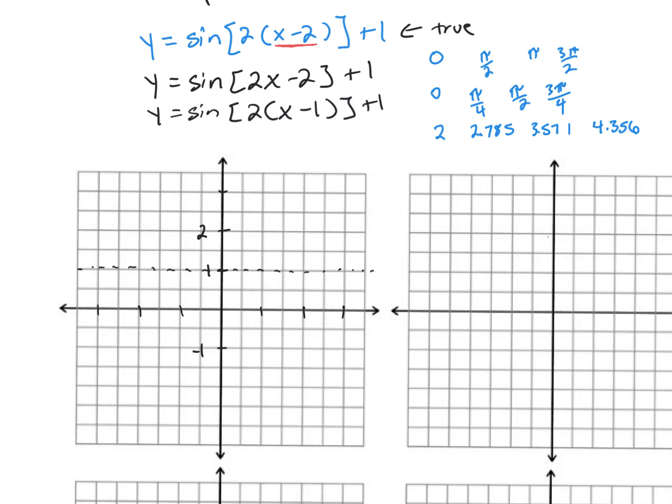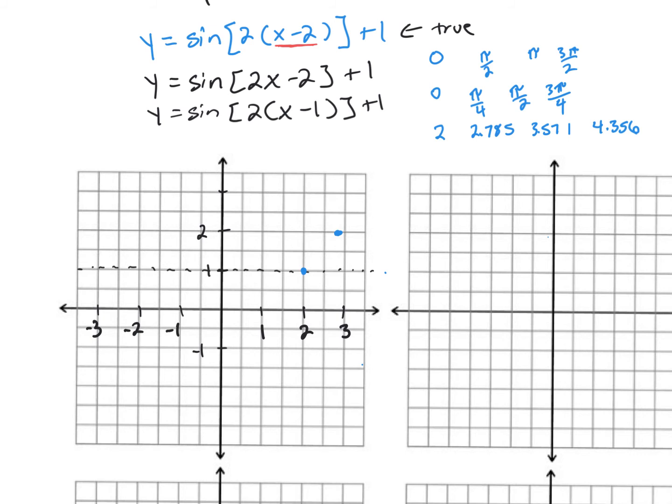So to make my life easier, I'm going to graph it like this. We're going to call this part from 2 to 4-ish. So 1, 2, 3, negative 1, negative 2, negative 3. If I then graph this, at 2 is where it's the 0, and then at 2.7 something, it will be up here, the peak, then 3.5, and that will be down here.